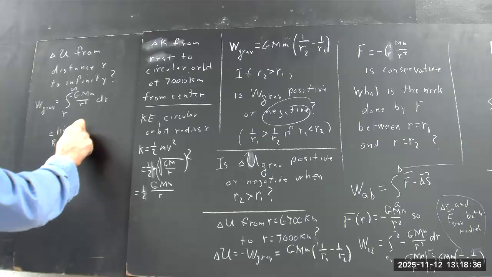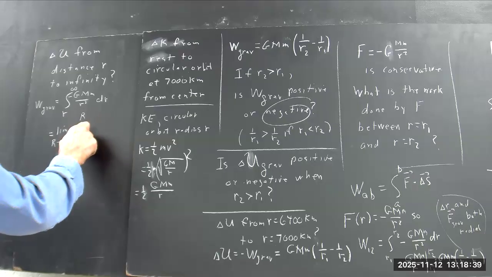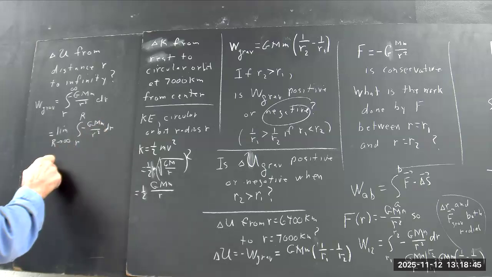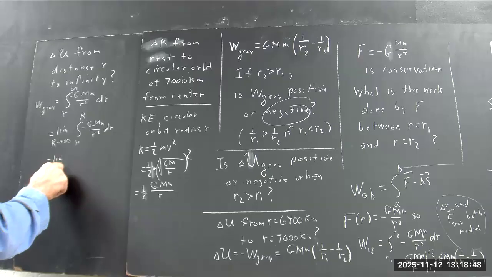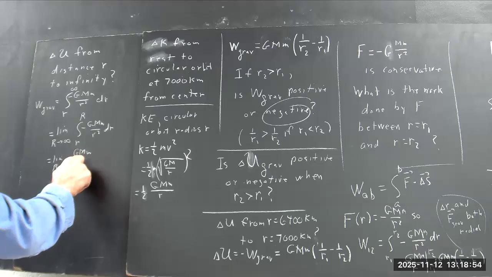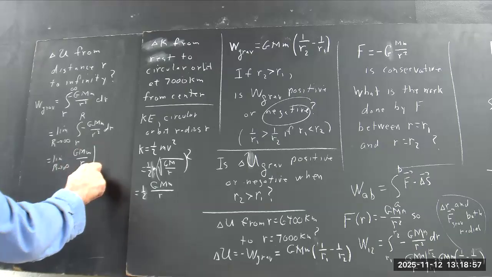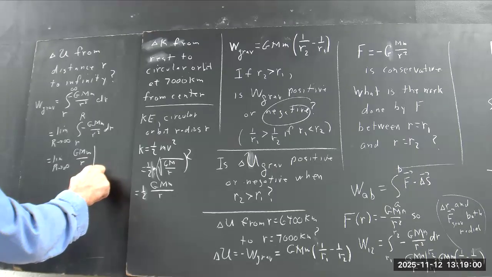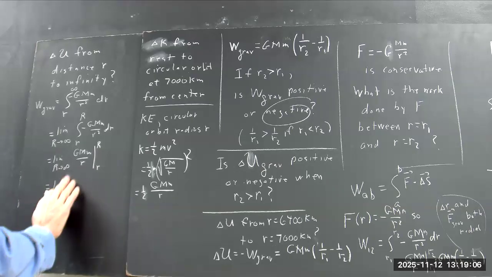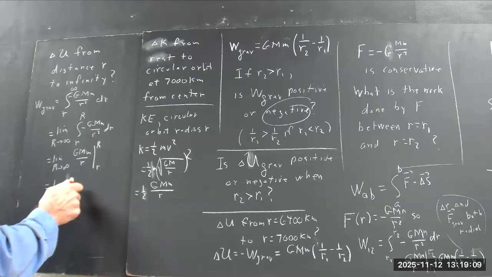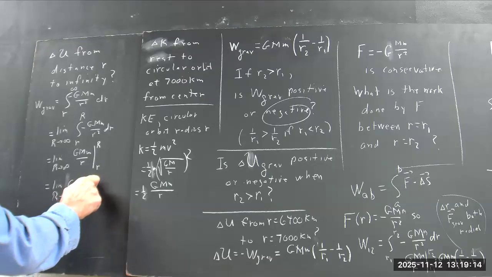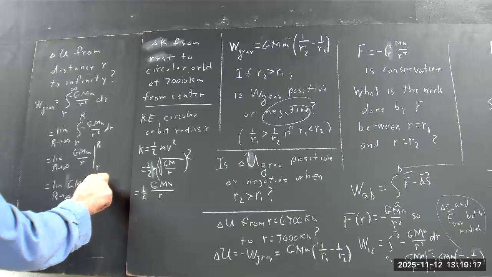As big R goes to infinity, the integral from little r to big R of G big M little m over r squared dr equals the limit as big R goes to infinity of big G big M little m over r evaluated from little r to big R. That is the limit as big R goes to infinity of big G big M little m times 1 over big R minus 1 over little r.